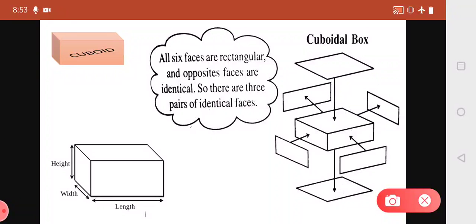You can see the top and bottom are one opposite pair and they are identical. These 2 sides are identical, and these 2 faces are also identical. So from a total of 6 faces we get 3 pairs, and all the 6 faces are rectangular. You can say a cuboidal box. So this is about cuboid.